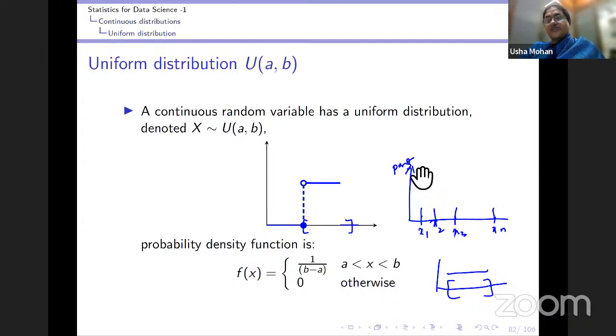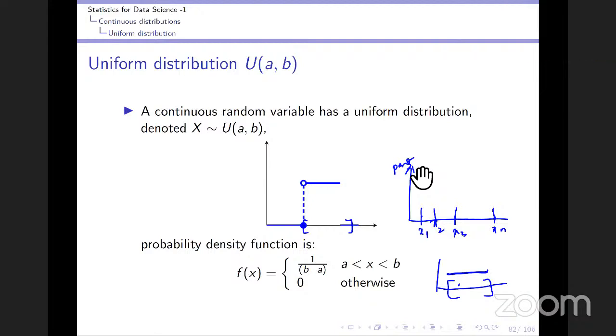I don't have a chance of finding x in this part being different from here. The chance of finding x anywhere in this interval is the same. That's why I'm saying finding x in an interval, not x taking a value. Is it clear?